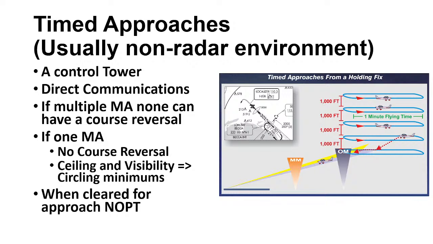That's a course reversal. If there's only one missed approach, it can't have a course reversal, and the ceiling and visibility must meet circling minimums.